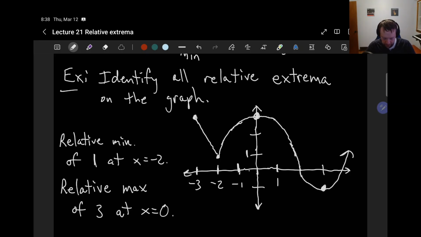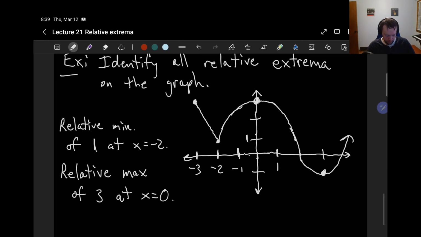And that means that when I'm looking at these neighborhoods, these open intervals, well, we really just need to look from one side. And this is clearly the high point in that little area. But hey, notice it's also the same maximum value of 3. So we can just throw that in there, that other x value.